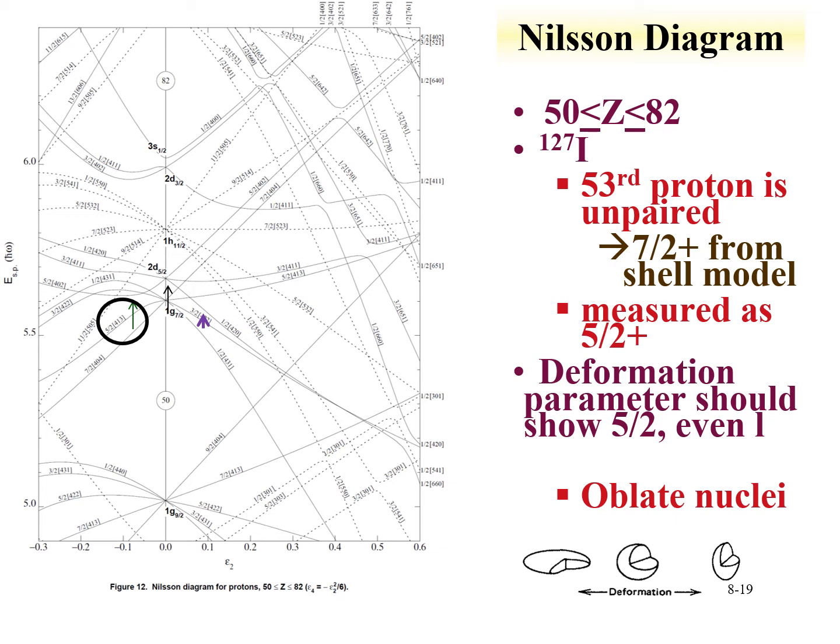Based upon this Nilsson diagram, if spherical is here, oblate is a negative deformation parameter and prolate is a positive deformation parameter. The spin of 5/2 for the 53rd proton indicates that this nucleus is deformed with an oblate shape.